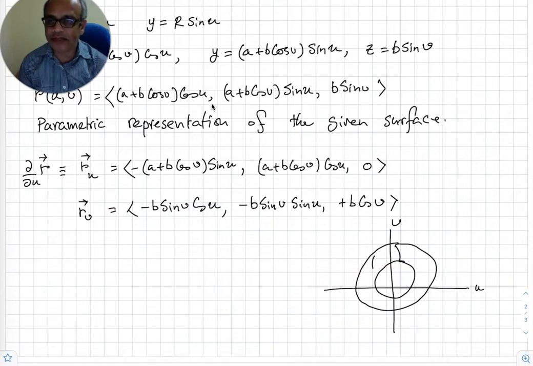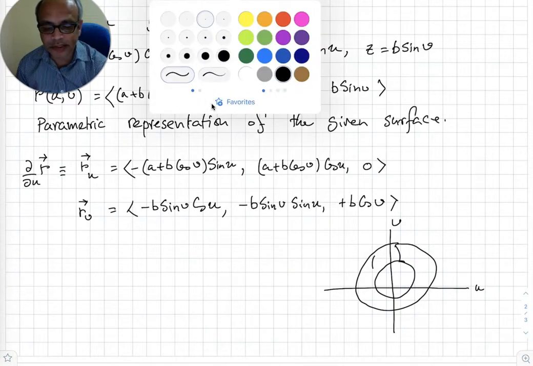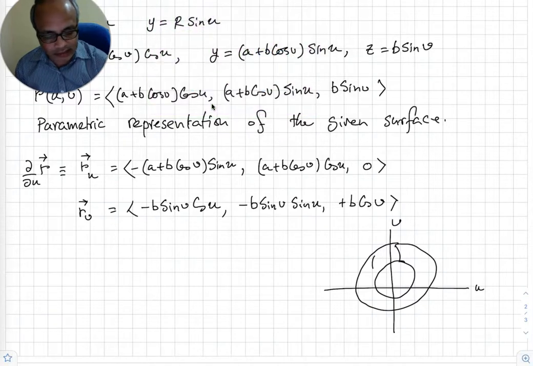So the derivative of r with respect to u will give a tangent in u direction. Similarly, when you differentiate with respect to v and keep u fixed, that means you are looking at a certain point, and then you are looking for a tangent in v direction. So maybe we can just sketch it this way. Maybe you are at that point.